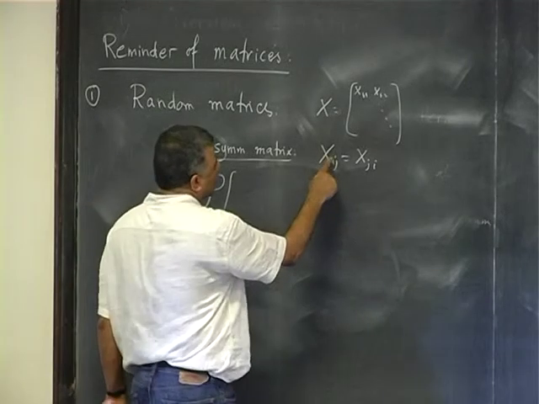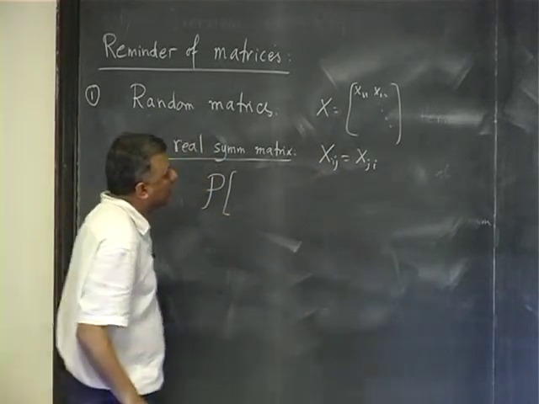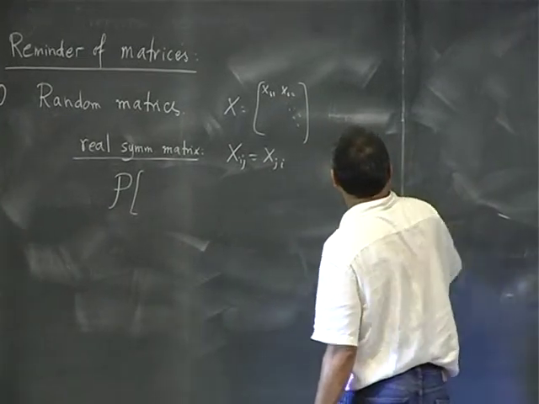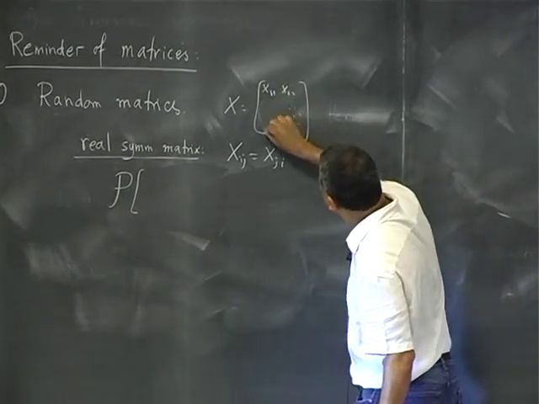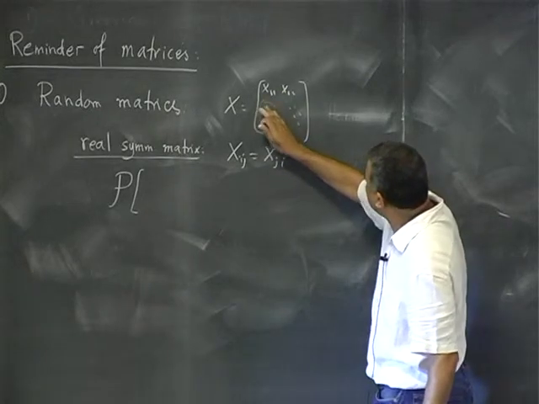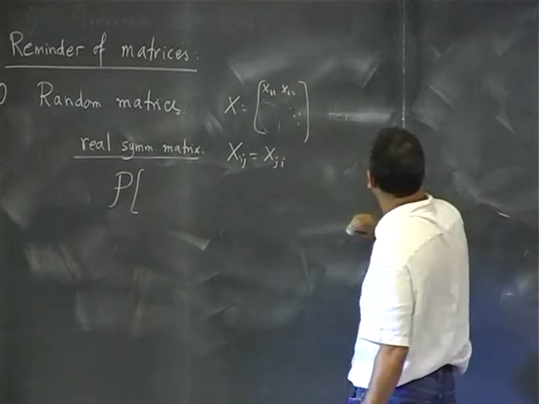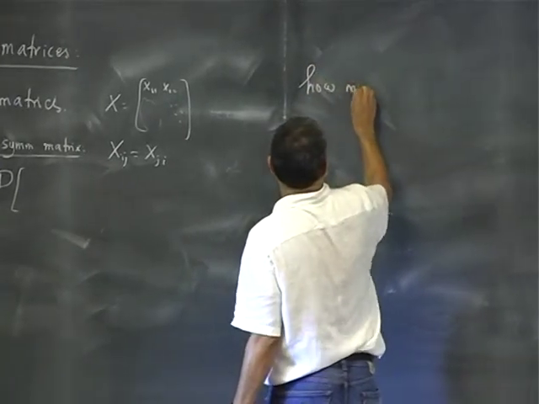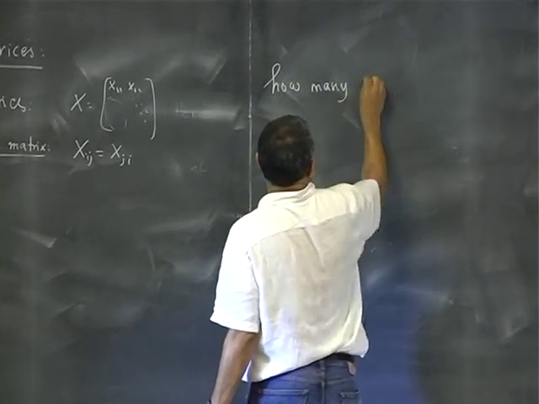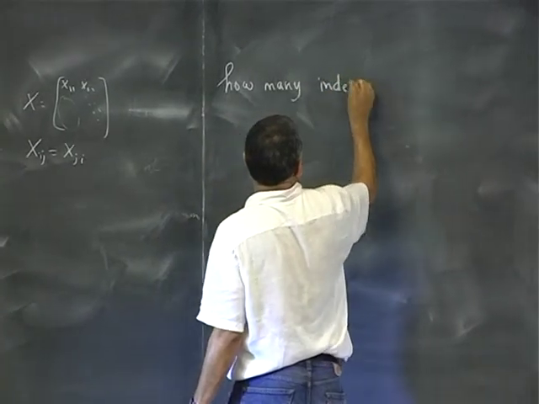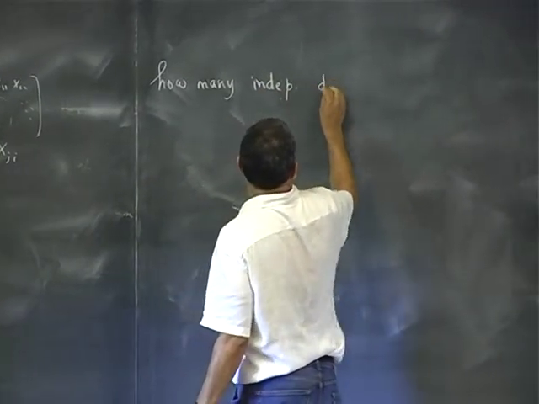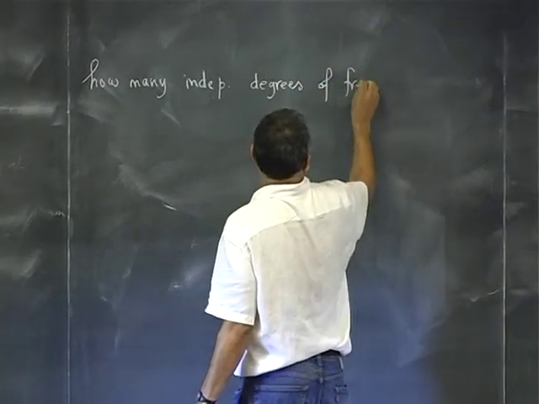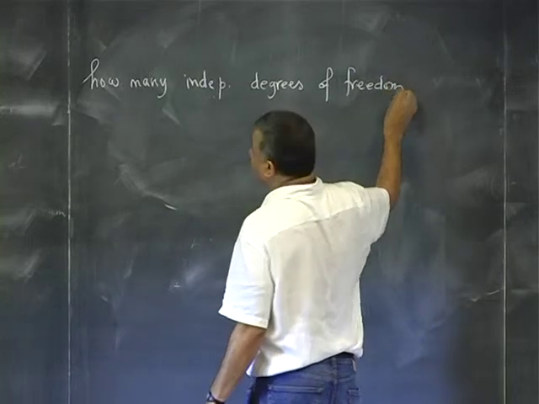But notice that because of this symmetry, how many independent variables do you have? Because of the symmetry, these elements on the left block will be the same as this one, except for the diagonal elements. So how many independent degrees of freedom for n by n matrices, if I want to keep this symmetry?